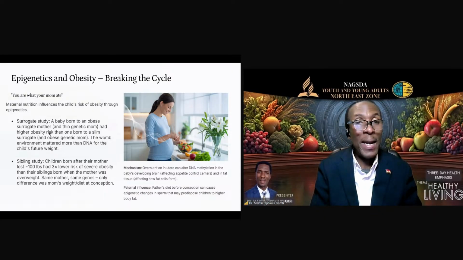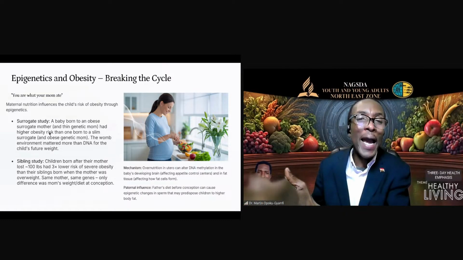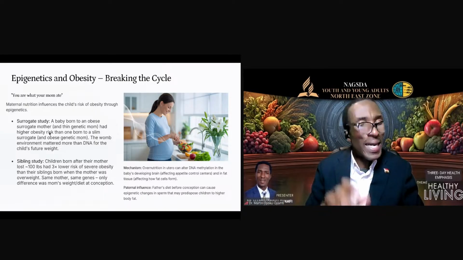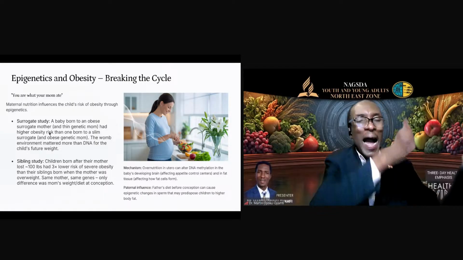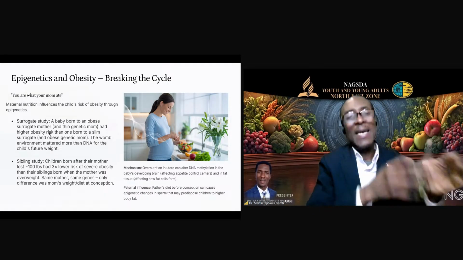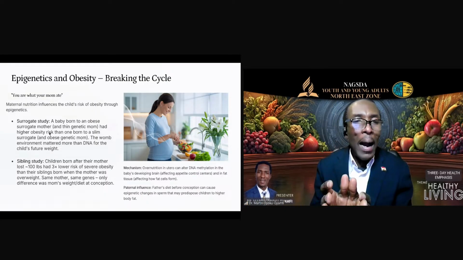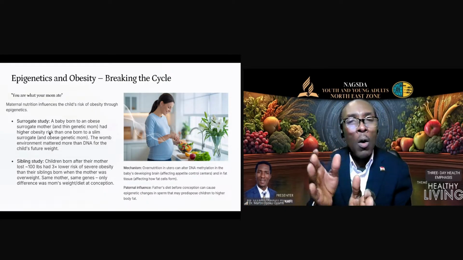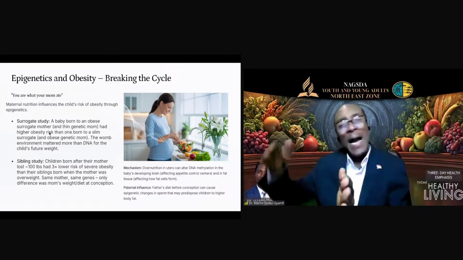So this is a different surrogate mother and a different donor egg. This time they looked at the same mother who was obese before, had her children while she was obese, and then did weight loss surgery, lost approximately 100 pounds or more, and then became thin. And then after she became thin, she had other children.